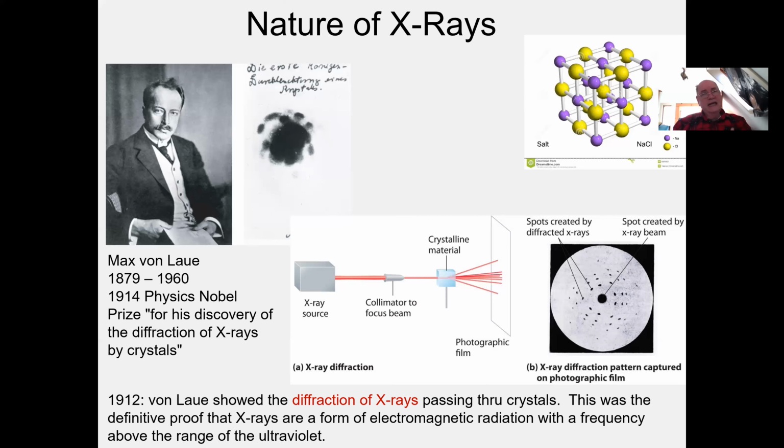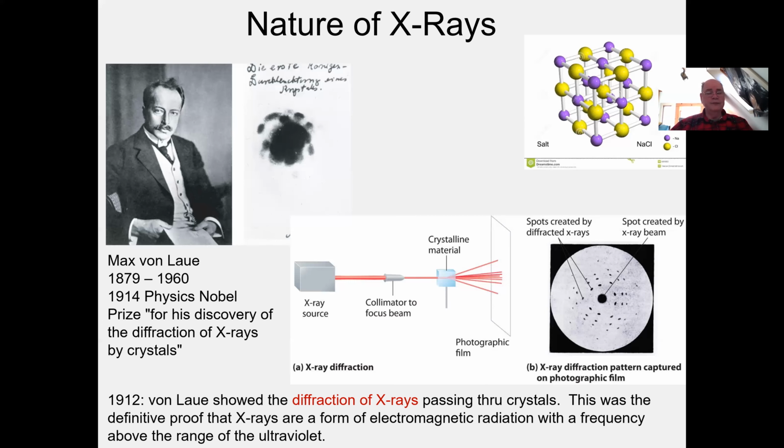Max realized that if we're going to show that these X-rays, which are very, very high energy and therefore very, very short wavelengths, are waves, we need diffraction and interference. Everyone knows what we're talking about; those are the fingerprints of waves. If you want to show something as a wave, you show diffraction and interference.